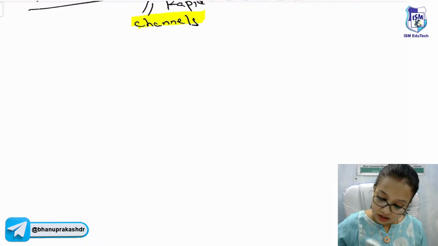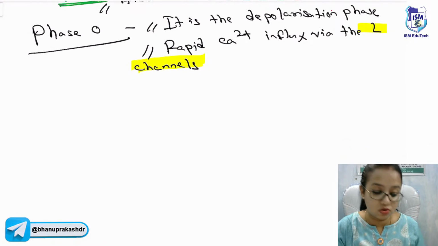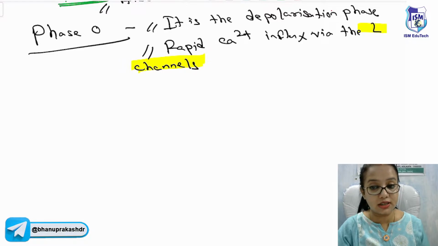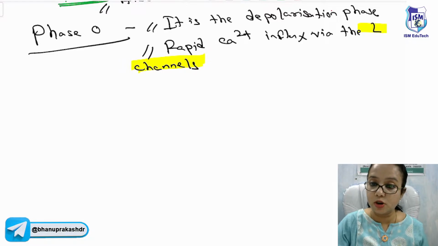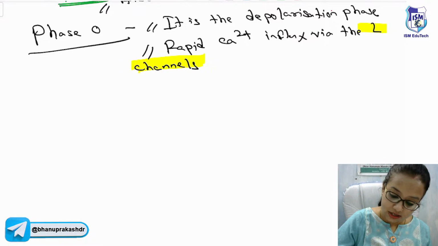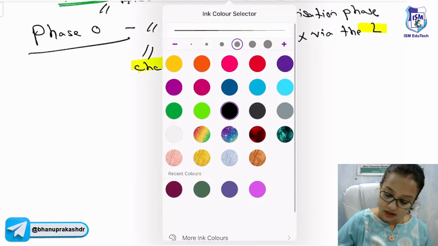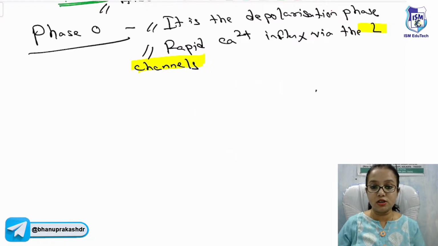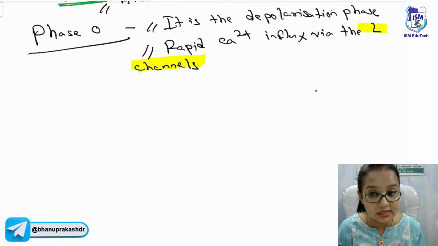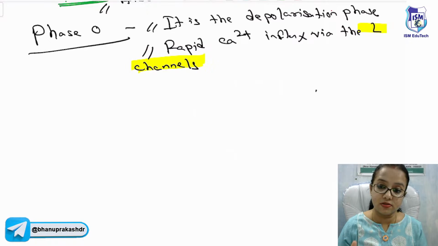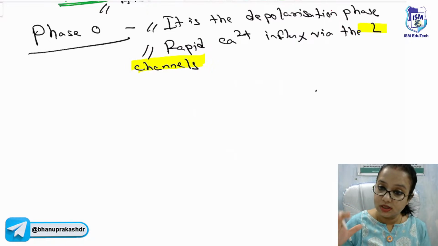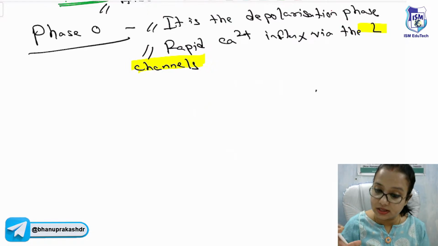Since the action potential that we get in the nodal tissues is due to the influx of calcium, pufferfish toxin like tetrodotoxin cannot block this phase of the action potential. Now, next is phase 3. In a nodal tissue, phases 1 and 2 are merged with phase 3. There is no distinct phase 1 or phase 2, there is only a distinct phase 3.